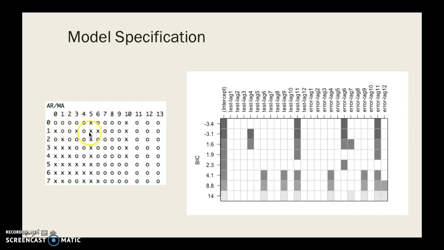And then over here, it looks like we can look at using an error of 6 and maybe a lag of 4, but that's not all that supported. So we can play around with that with the models.